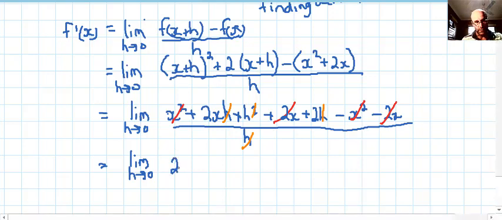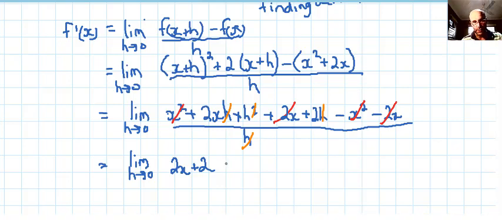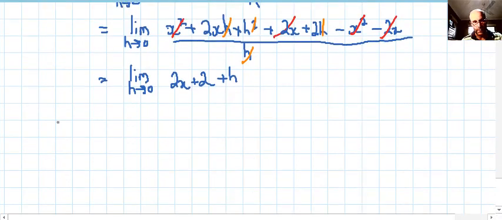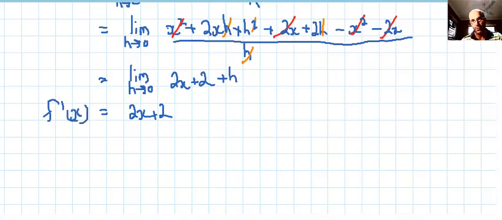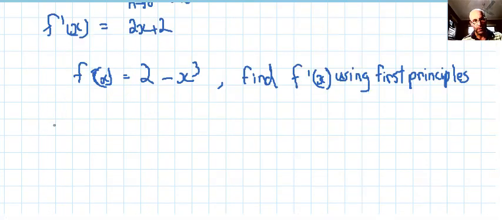That comes down to 2x plus 2 plus h. Now we apply the limit. 2x plus 2. So the derivative is 2x plus 2. Last example, so given 2 minus x cubed, find the derivative using first principles.